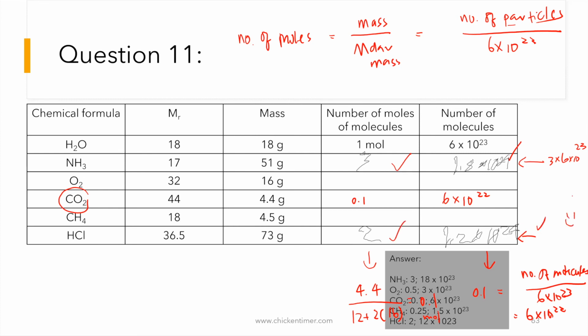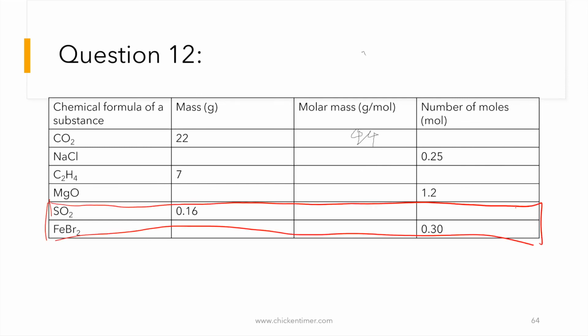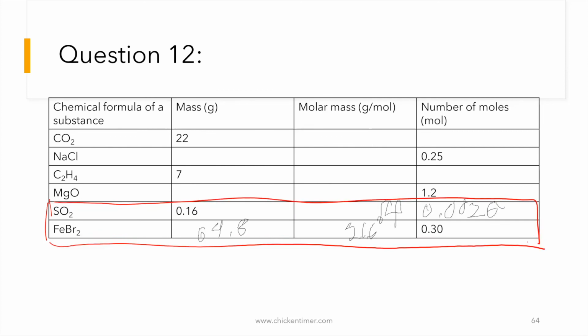Okay, the rest we don't need. Again, we are not going to do everything. This is a table relating mass, molar mass, and number of moles. We will have you do the last two. Let's see, the last two, correct or not? Yeah, correct.